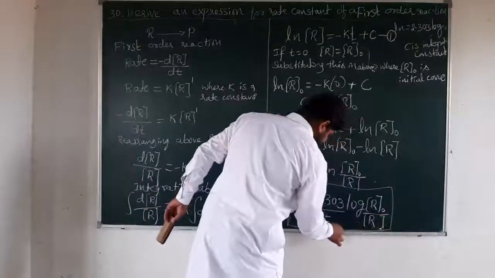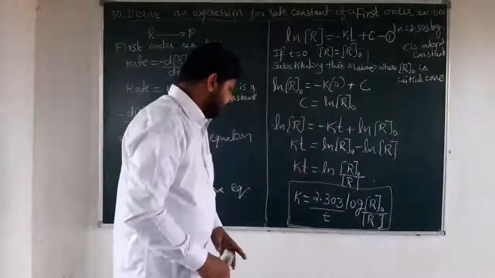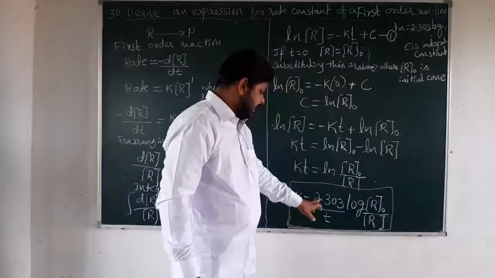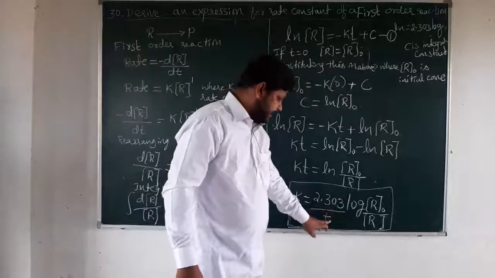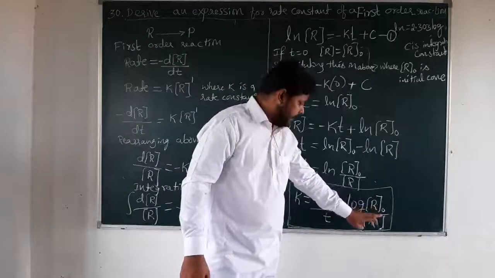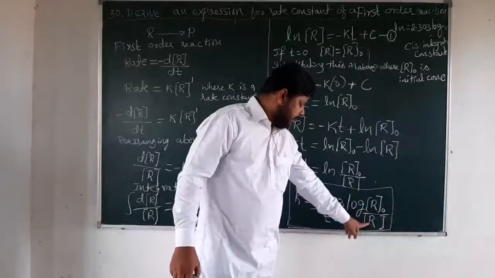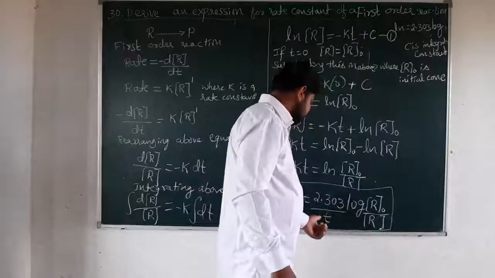So this is the integrated rate equation for a first order reaction: K equals 2.303 by t log R naught by R, the initial concentration divided by the concentration of reactant at time t.